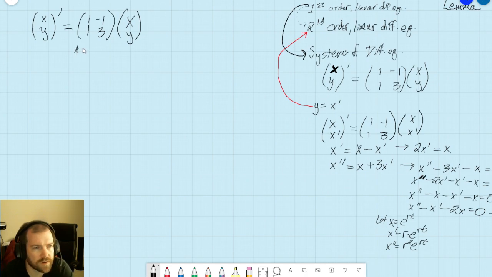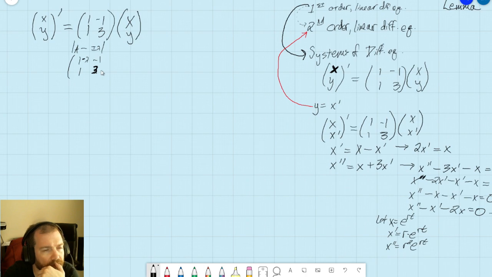Eigenvectors: A minus lambda I, which is going to get you a determinant of 1 minus lambda, negative 1, 1, and 3 minus lambda.